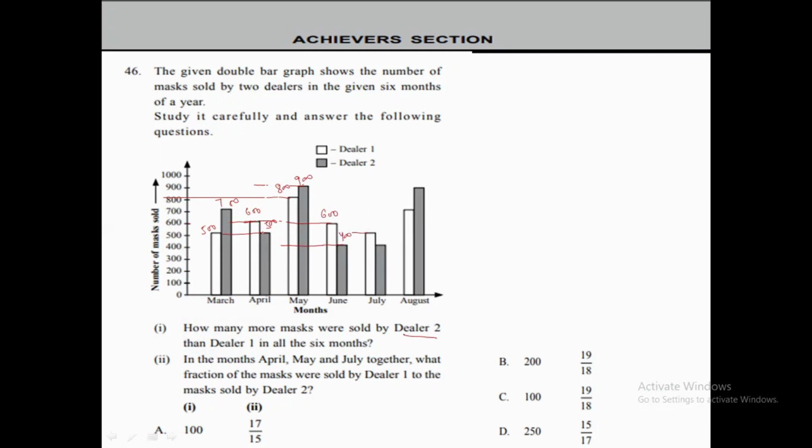Okay, in the month of July, what we can see, dealer 1 sold 500 and dealer 2 sold 400. Okay, in the month of August, what we can see, dealer 1 sold 700 and dealer 2 sold 900.